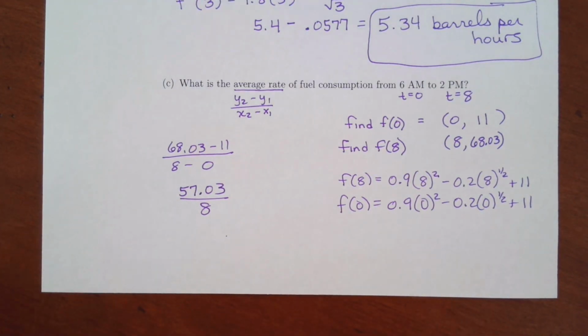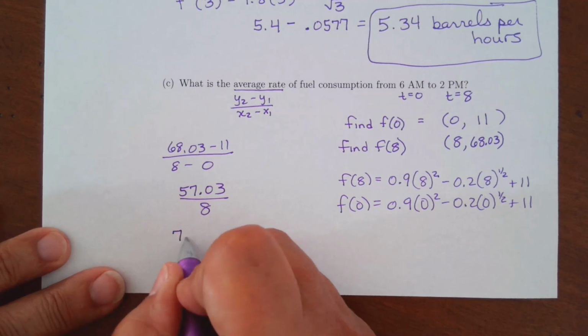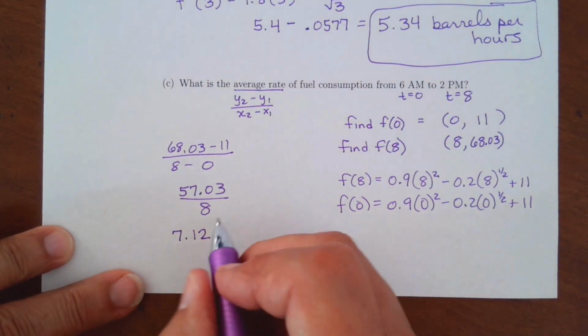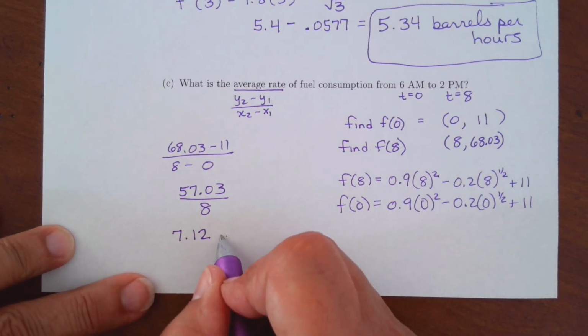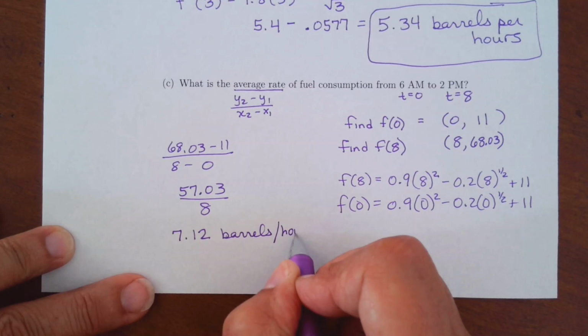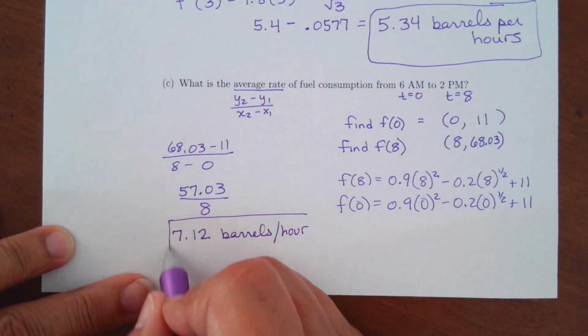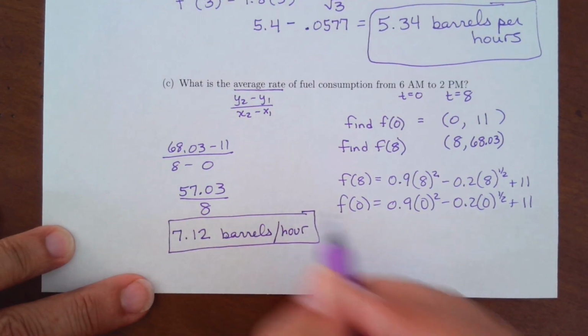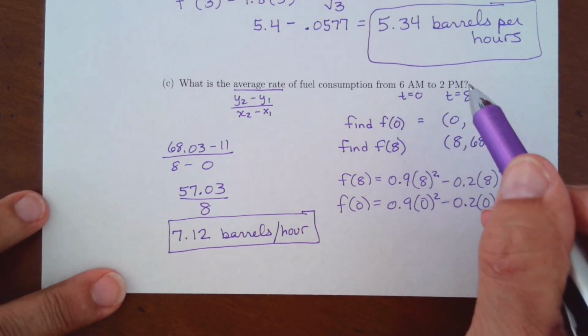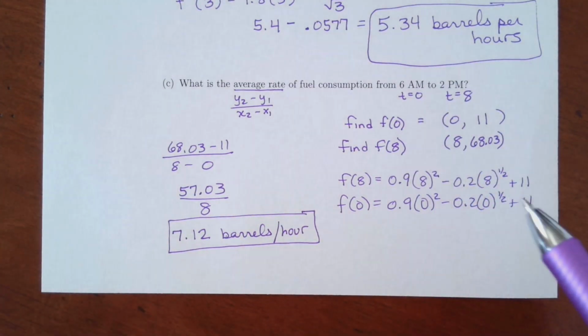And then divide that by 8. So we end up with 7.12. And again, it's a rate, barrels per hour. That's the average rate of fuel consumed between 6 a.m. and 2 p.m.